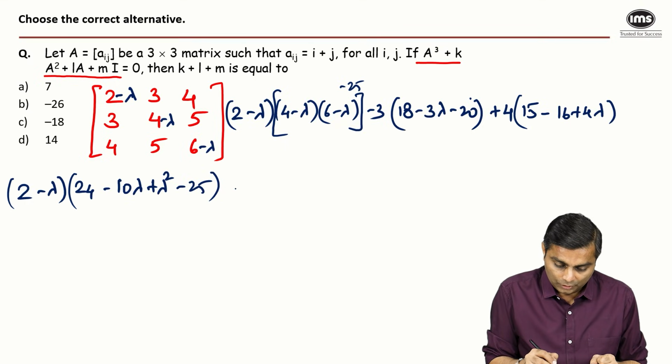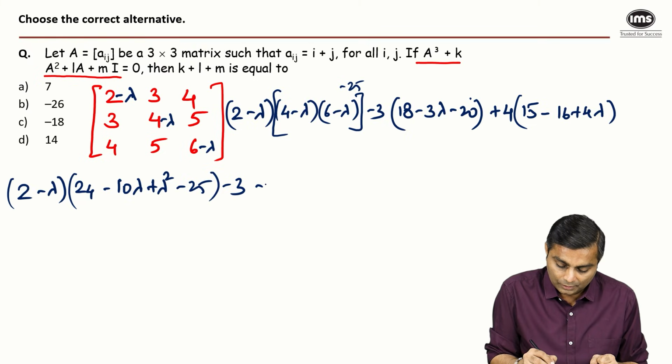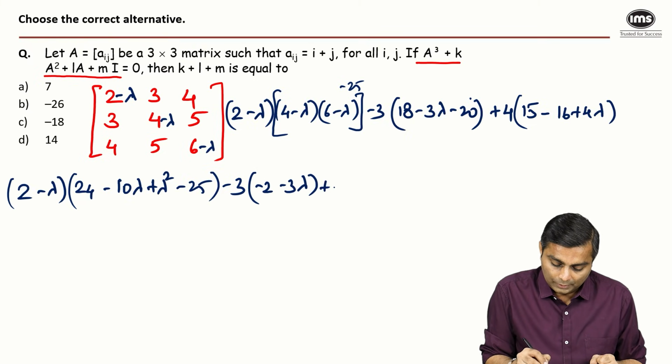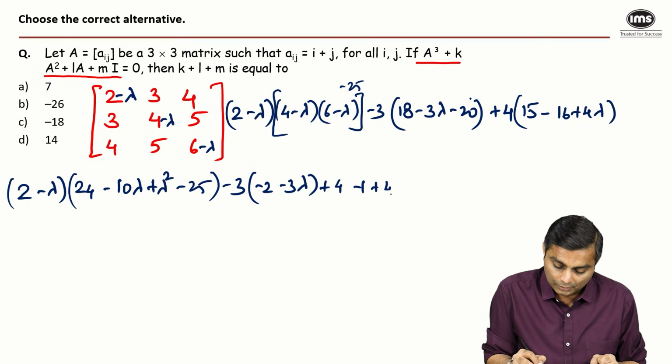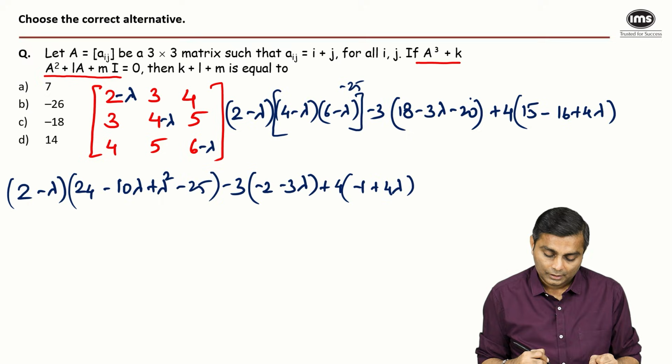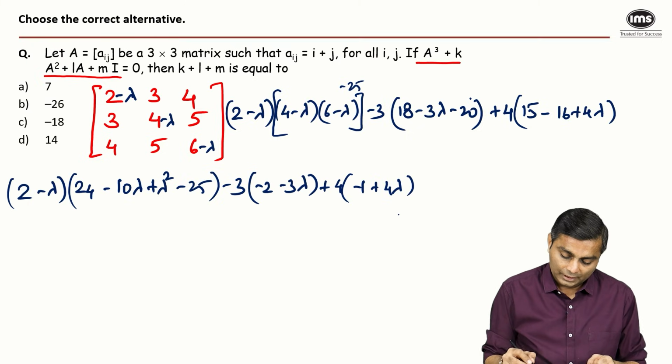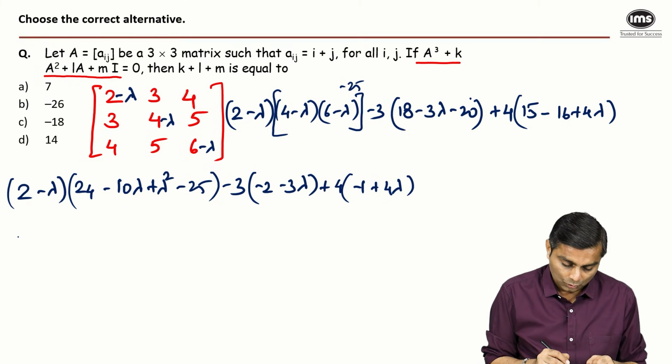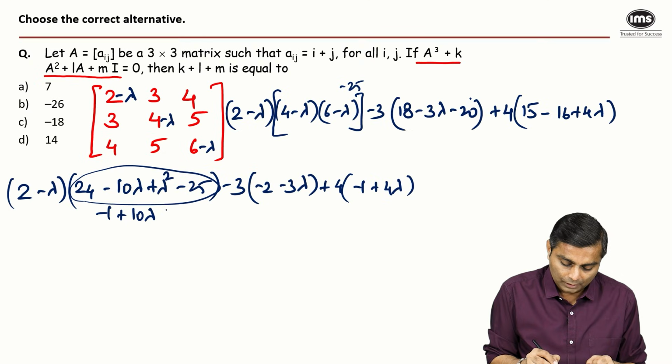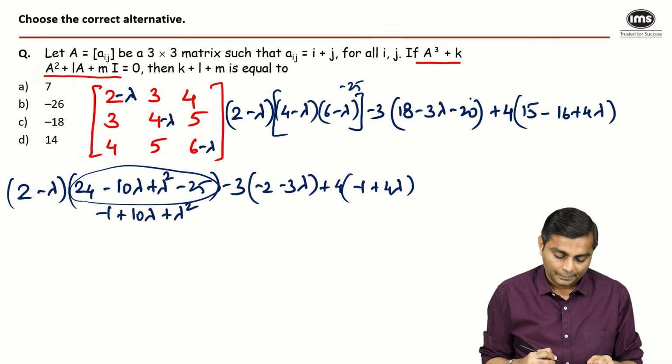Let's just keep this here. 18 minus 20 is minus 2 minus 3 lambda and plus 4 times 15 minus 16 is minus 1 plus 4 lambda. Great. Okay, now let's try and open this. So, 24 minus 25 is basically minus 1. So, this is nothing but minus 1 plus 10 lambda plus lambda squared. Great. Okay.